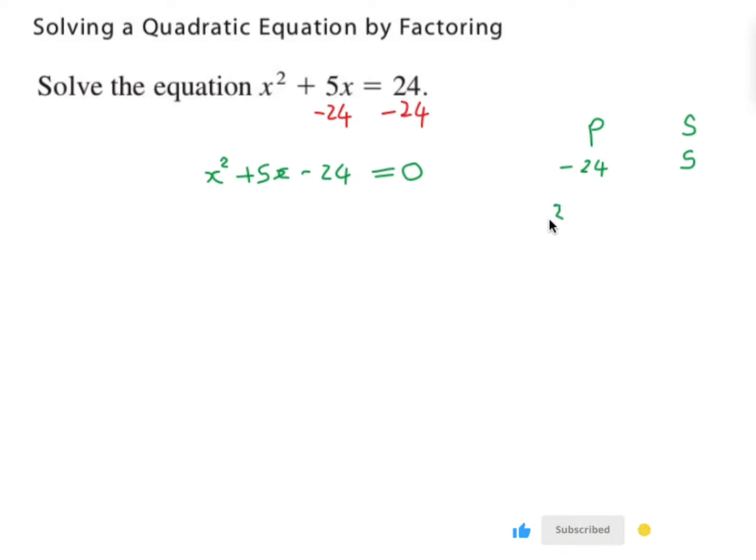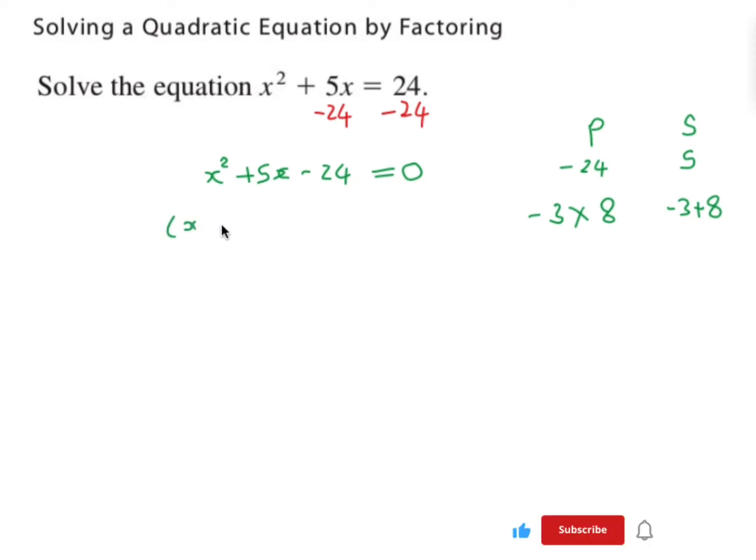So 3 and 8, because their multiplication is 24 and their difference is 5. A negative product means different signs, and the sum is positive, which means the larger number is positive. So negative 3 and positive 8, we got two numbers.